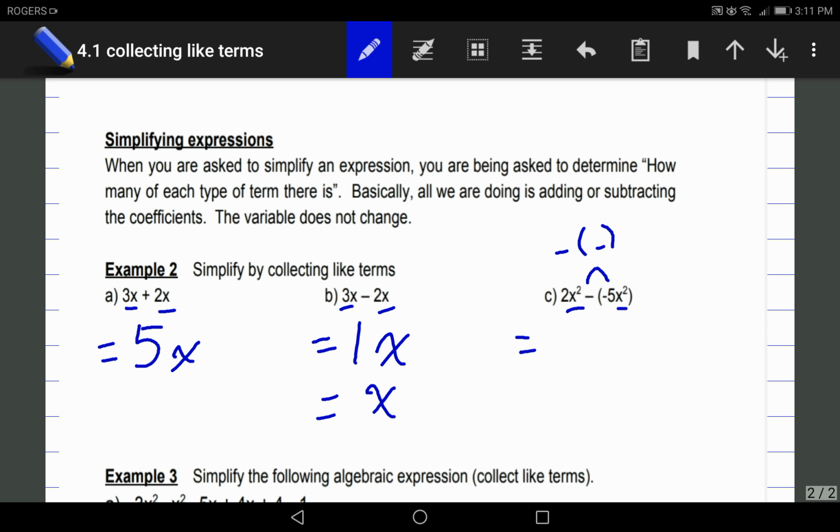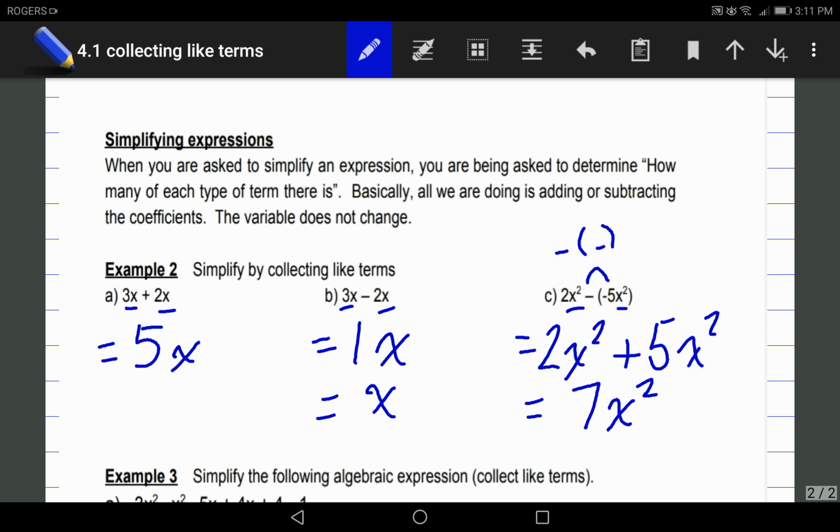And knowing our integers, when you have a minus and a negative side by side, you actually add. So it turns to adding. So we have 2x squared plus 5x squared. Because of the minus a negative, it became plus. And our final answer then, because they're like terms, we just add their coefficients, 2 and 5, and we get 7x squared.